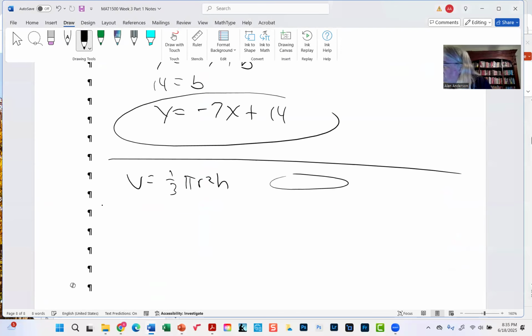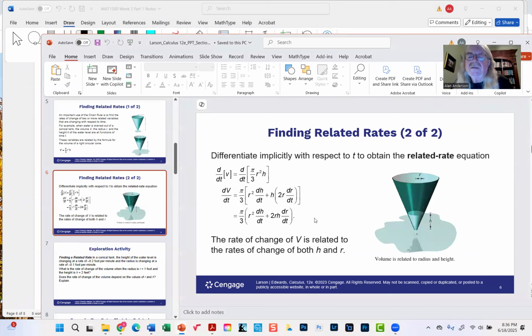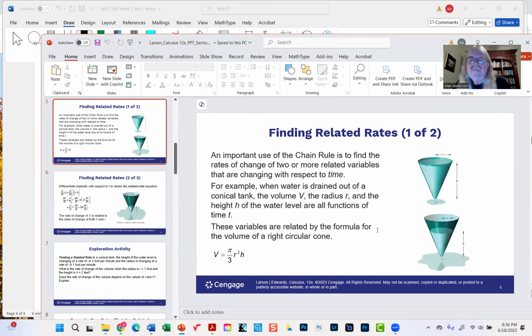Here's your cone. Now what they will want to know is how quickly is the water filling into the cone, or in this case, how fast is it spilling out of the cone?